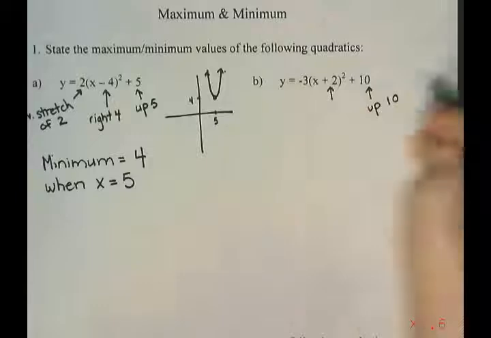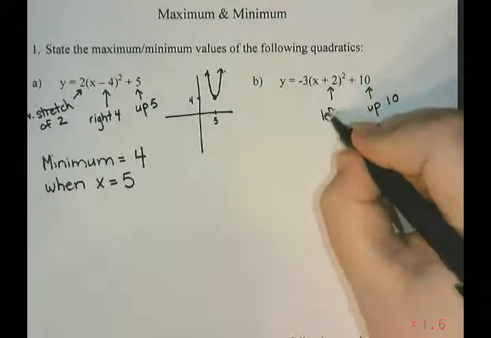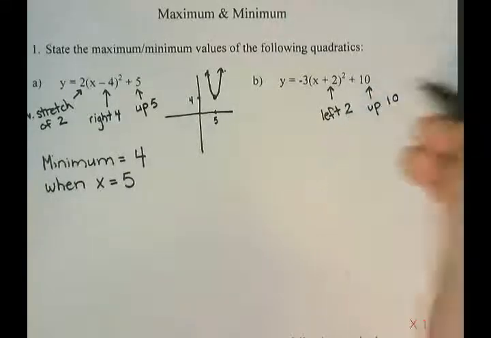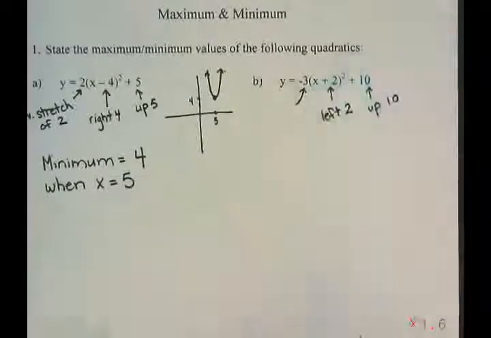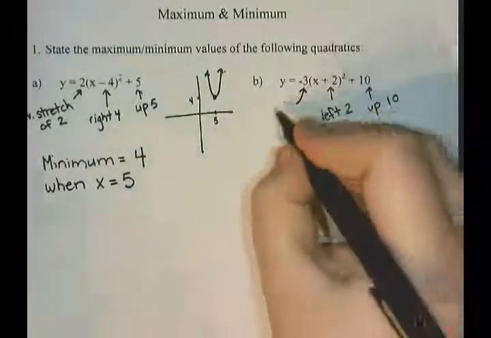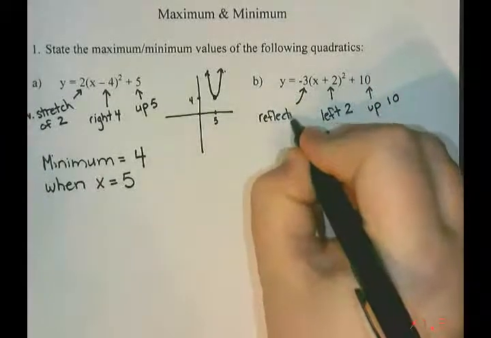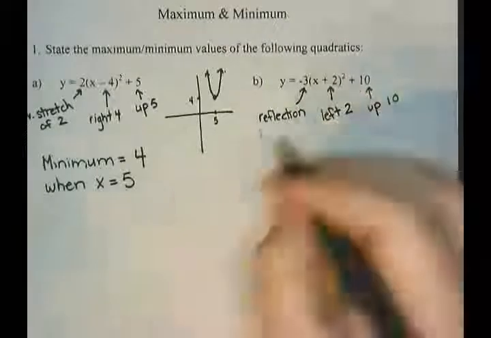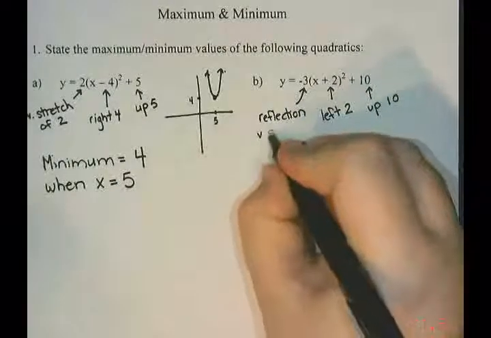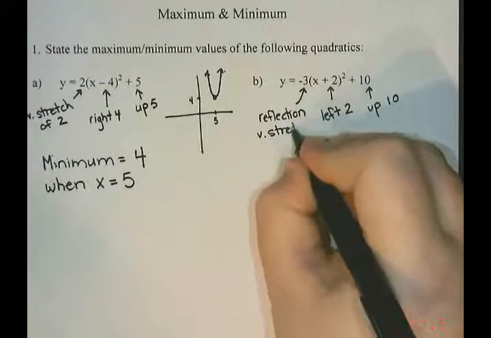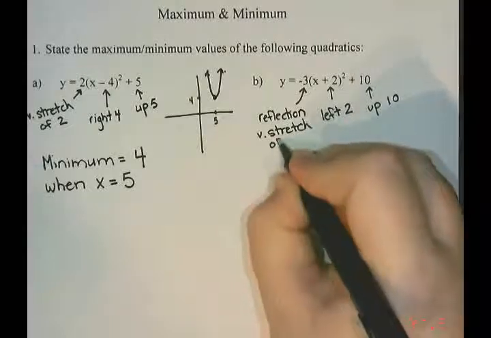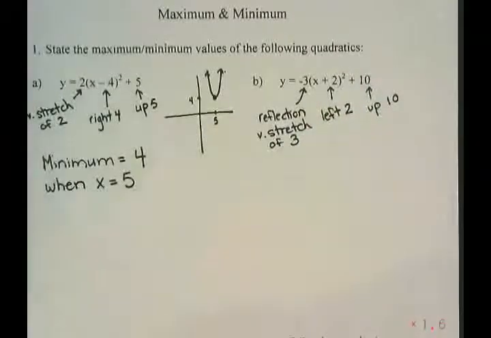Plus 2, this time that means it's going left 2. Now this minus 3 has two jobs. The minus makes it a reflection, which means it's upside down. And the 3 is a vertical stretch of 3, which means it's going to be 3 times thinner than usual.